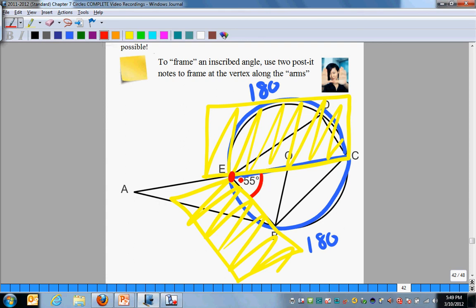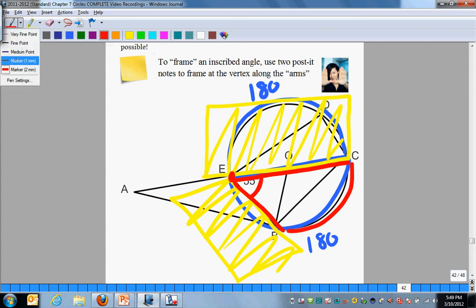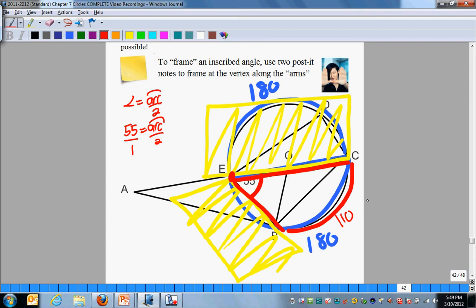The vertex is on and the arms are in. So the inscribed angle is half the arc. So if this is 55 out here, the angle equals the arc over 2. Our angle equals 55. We don't know the arc over 2. You cross multiply and we get 110.